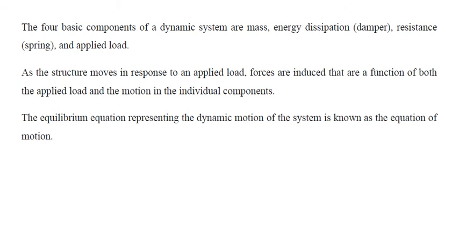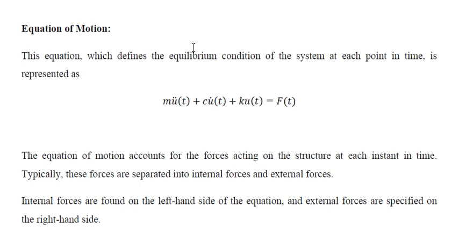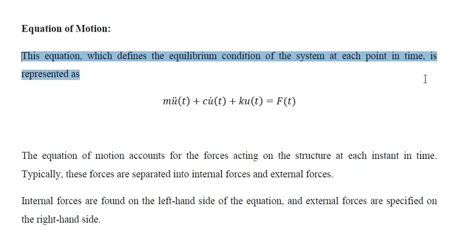In dynamic analysis, what is that equation of motion? This equation defines the equilibrium condition of the system at each point in time. We have to consider time at each point in time.